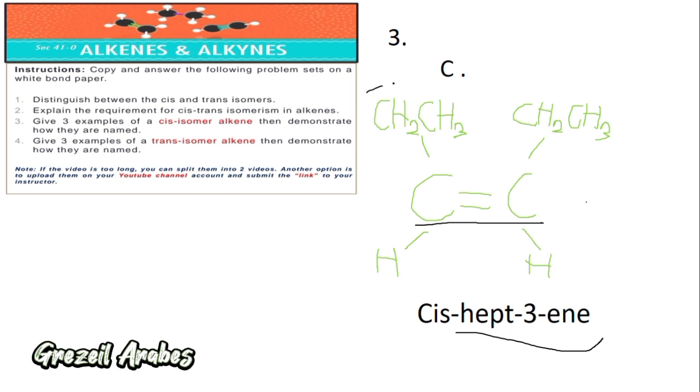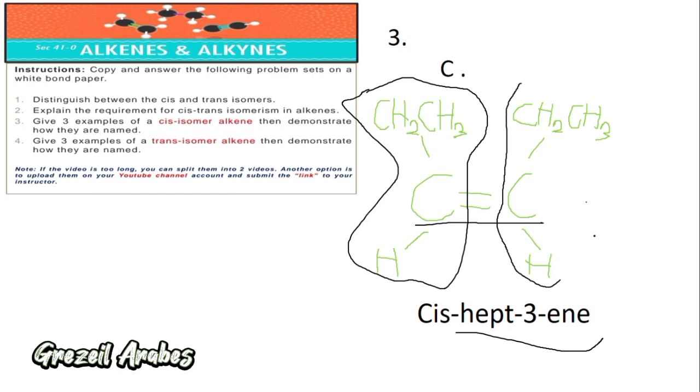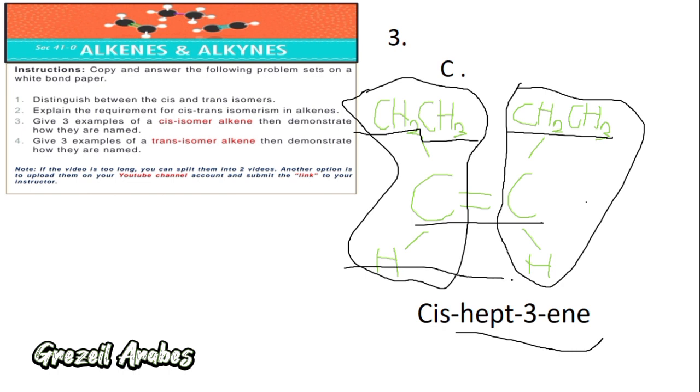And then rule number 2, the two non-identical groups, and then the formula that is on this side, ma'am, they are the same as on this side. So that's why we classify or we take it as an example of cis isomer alkene, ma'am.